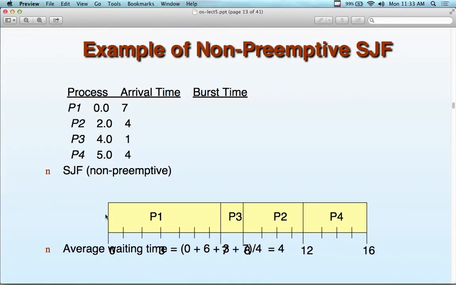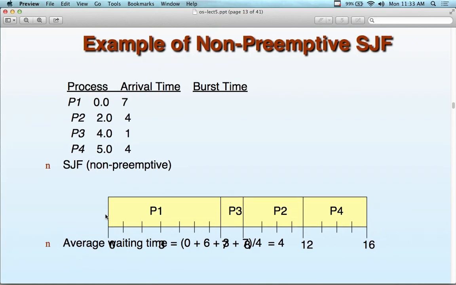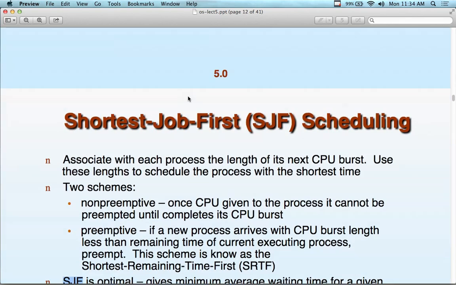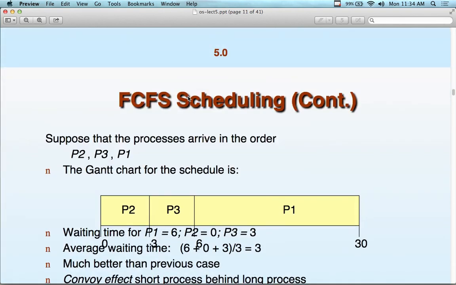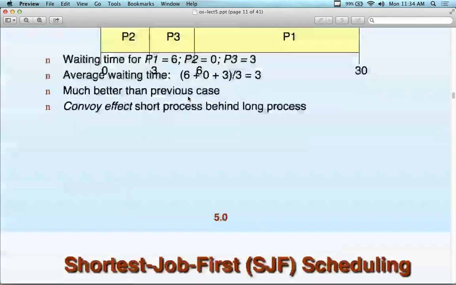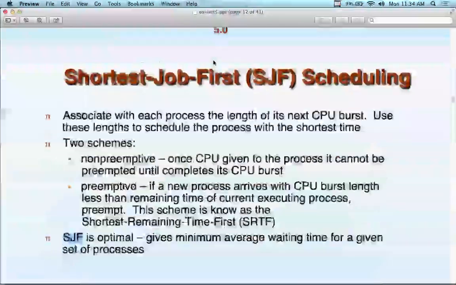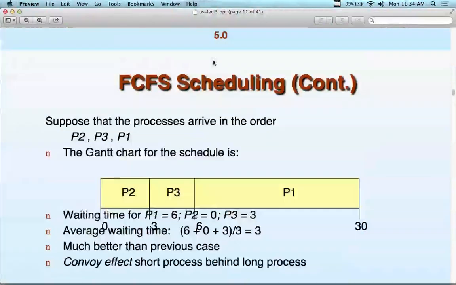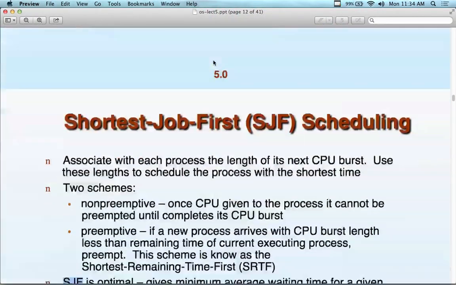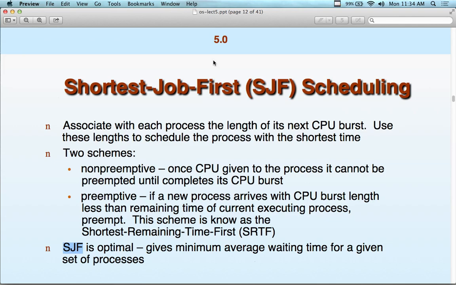So here's an example of a non-preemptive shortest job first, where instead of just the process and the burst time, we're looking at the arrival time. So we have first come, first serve, that's the first one. Shortest job first, that's the second one we're looking at. So you could take first come, first serve and compare it with shortest job first if you want to in your assignment.